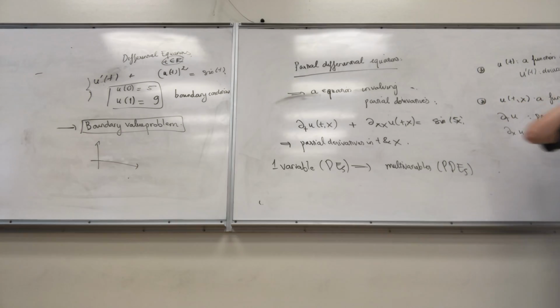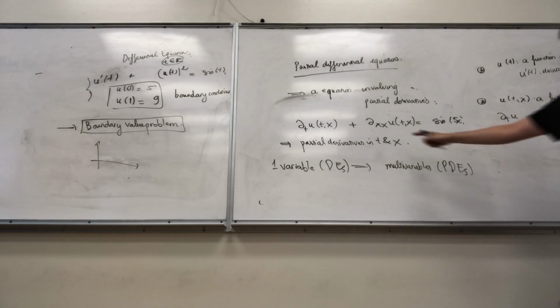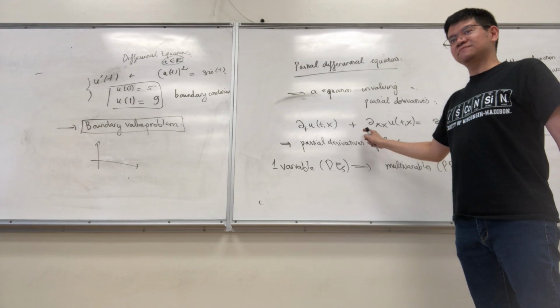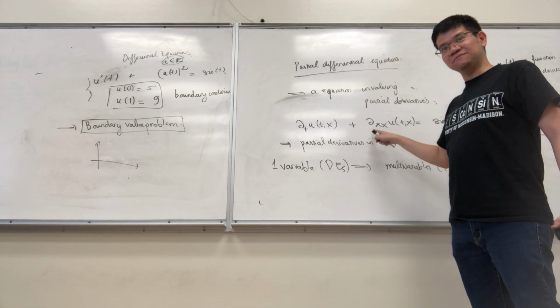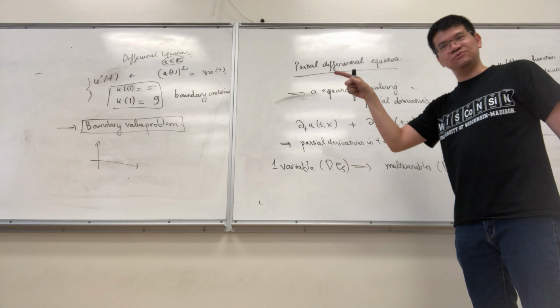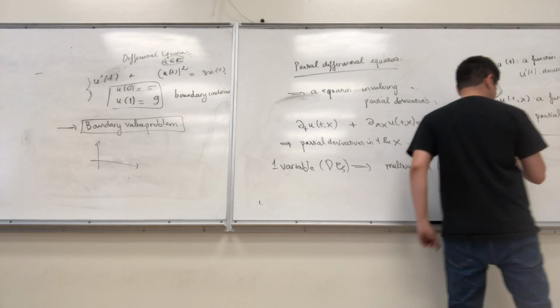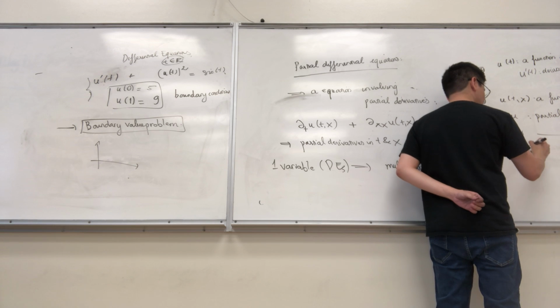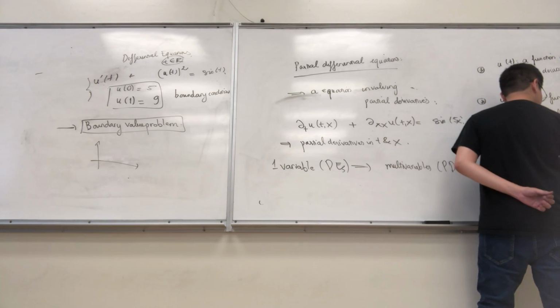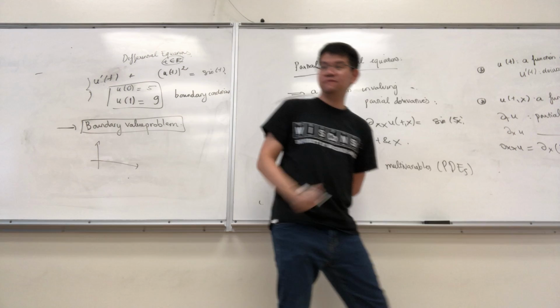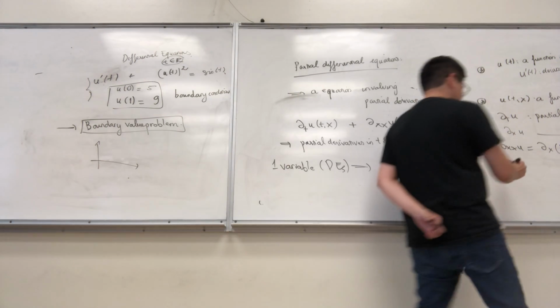Right, so the second derivative here, the dxx here, means that you take the derivative in x twice. Second partial derivative. Right, so basically dxx of u will be dx of dx of u. Now, what is dxt?